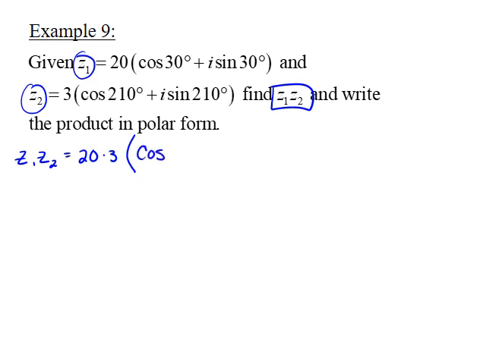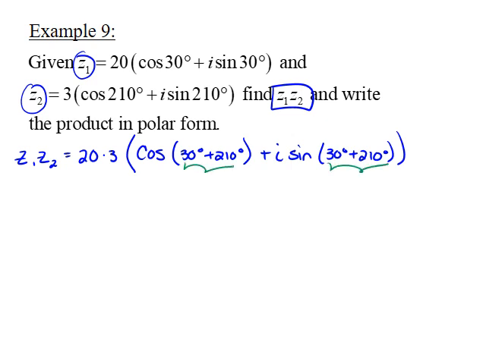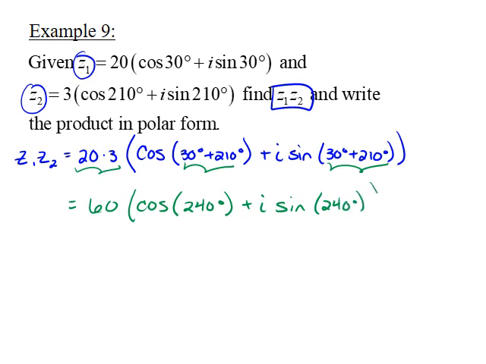So we will end up with cosine of 30 degrees plus 210 degrees plus i sine of 30 degrees plus 210 degrees. Then, of course, we will add those and multiply this. So we get 60 times cosine of 240 degrees plus i sine of 240 degrees.